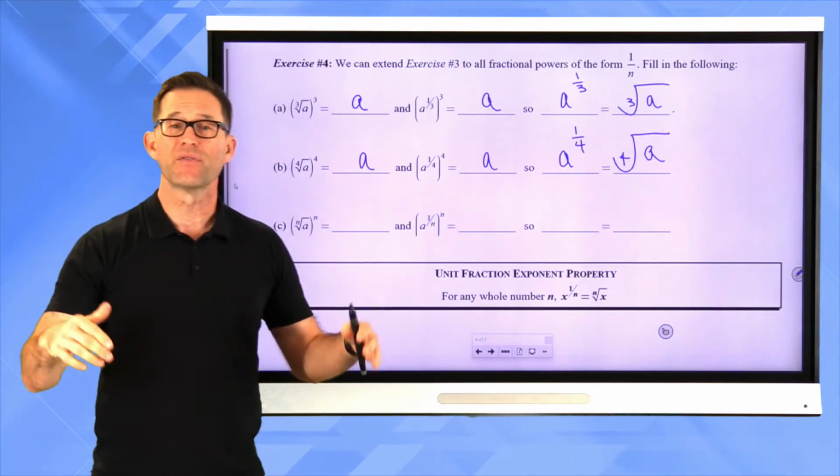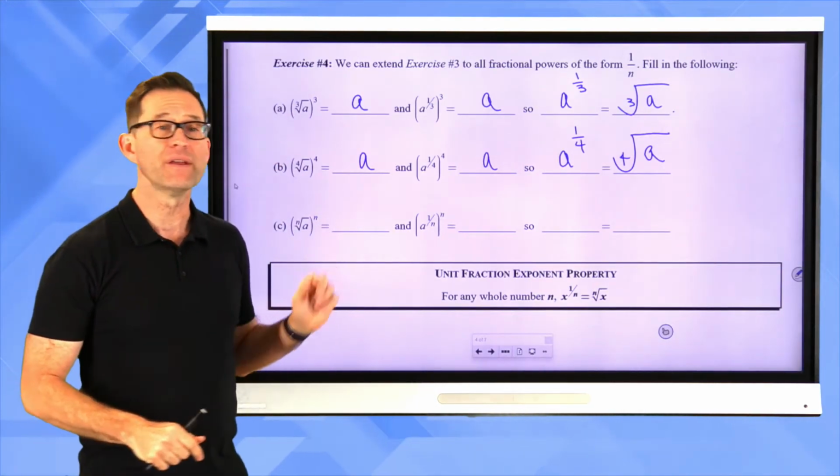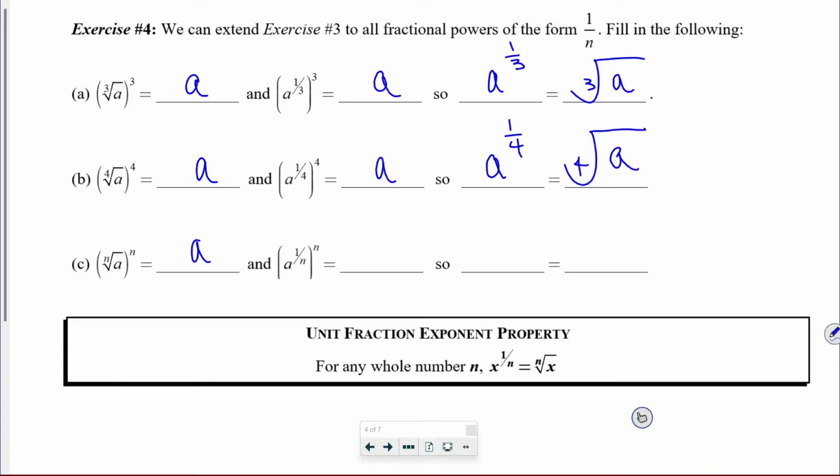And of course, we can take this to the absolute extreme. I have the nth root of a raised to the n is a. I have a to the 1 over n raised to the nth power is a, and therefore a to the 1 over n is the nth root of a.